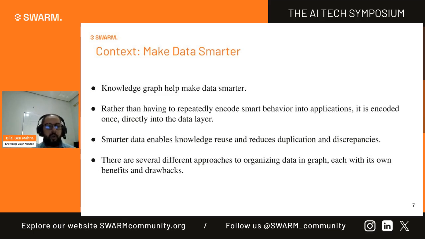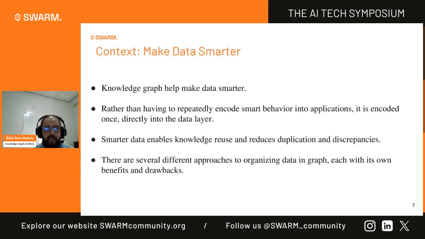Now we can build smart applications and a smart data layer. And this smarter data in fact enables knowledge use and reduces duplications and discrepancies.